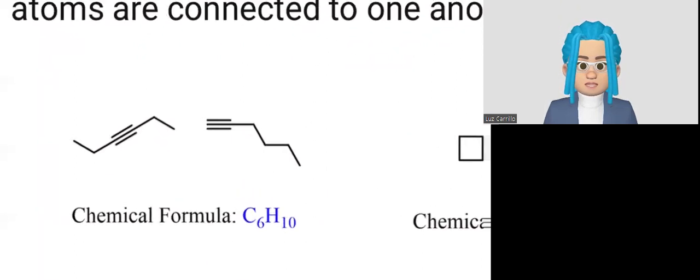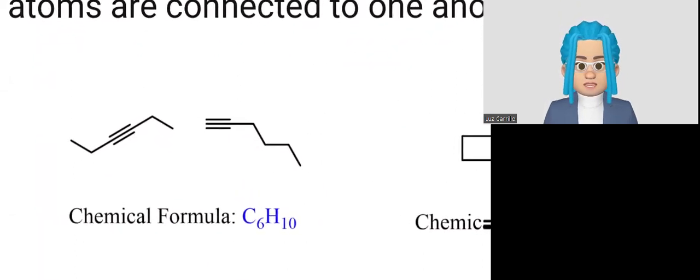We can see here that both of these alkynes are structural isomers. They both have the chemical formula C6H10.